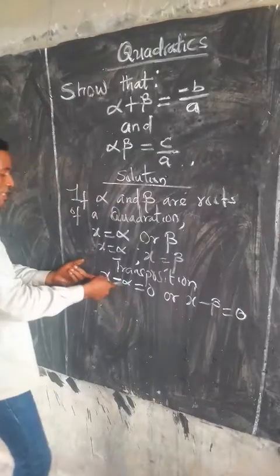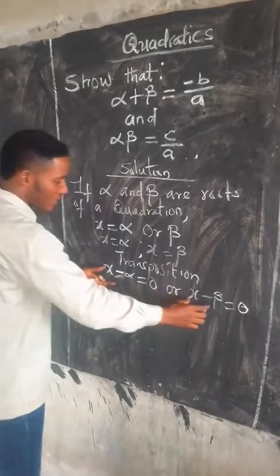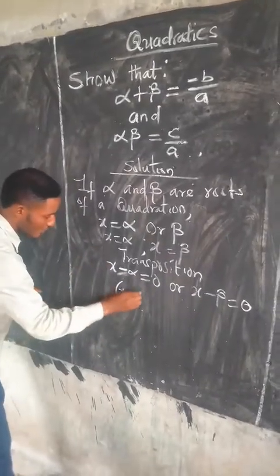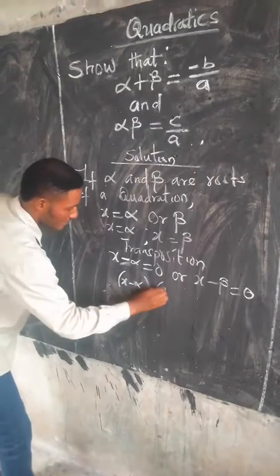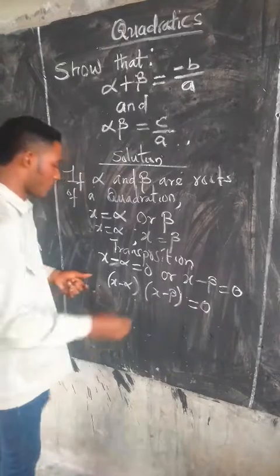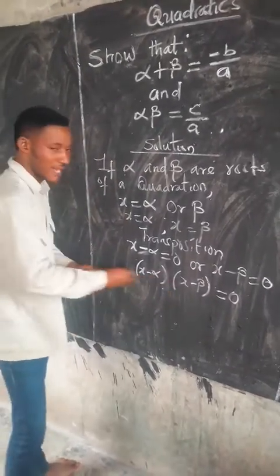Now, since these two expressions are equal to 0, we can form factors from them and equate the product to 0. Hence, we have (x minus alpha)(x minus beta) equals 0. Now, at this point, what we need to do is to expand.